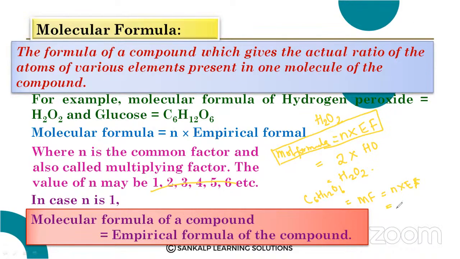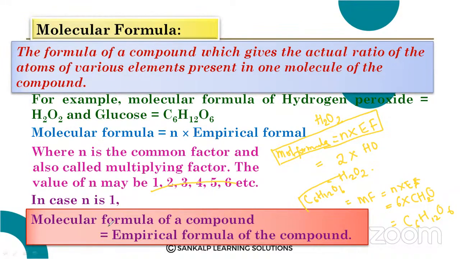So what is N? N is the common factor, which in the case of glucose was taken as 6. 6 into its empirical formula, CH2O, gives you C6H12O6. So like this, you are going to find out the molecular formula.